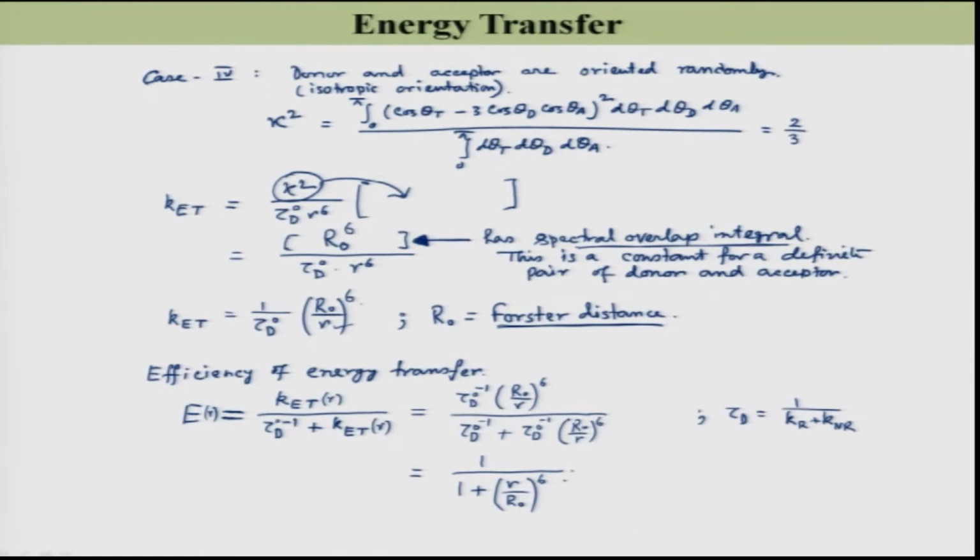As I told you earlier, if this is my emission spectra of the donor D, in the presence of acceptor there is a decrease in the intensity and an increase in the intensity at another wavelength.